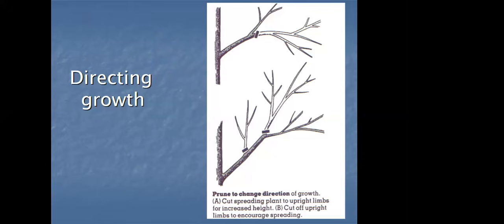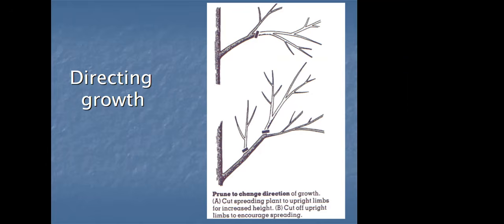And this is just showing you how you can change the direction of growth on a plant. For your trees, depending on if you want the tree to go out wider or more upright, that's going to make a difference in the tree's response depending on which branches you choose to cut.